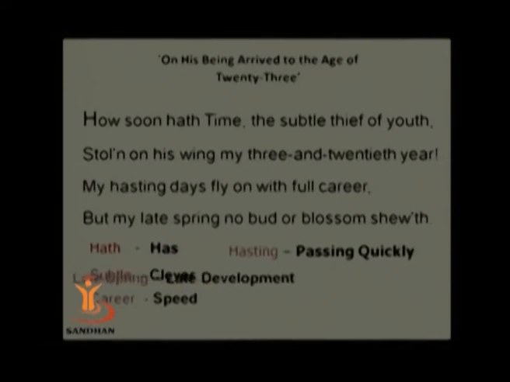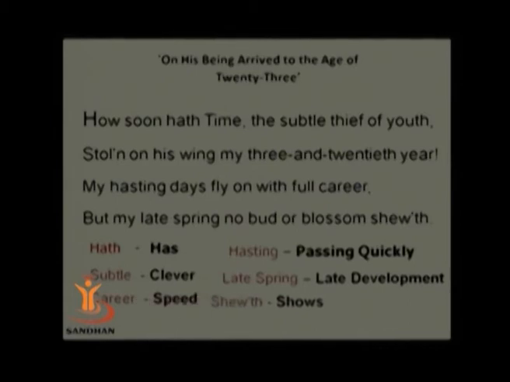But my late spring no bud nor blossom showeth. Late spring here shows you his late development, his late mental development, not physical development, but his late mental development, or the word that can be replaced here could be maturity. Here, poetic maturity.